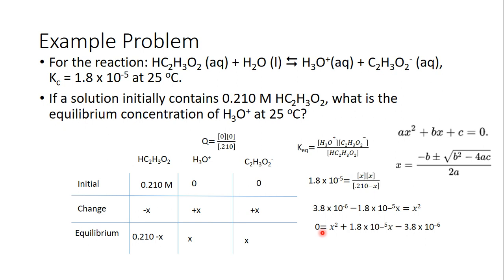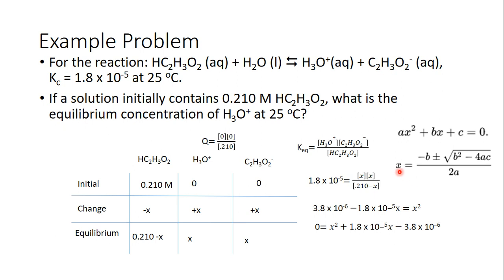So we have 0 equals X squared term, X term, and a constant term. This is the layout for the quadratic equation. So now we can solve the quadratic equation to determine what X is. Whenever you see something that is X squared plus X plus a constant equals 0, that's when you know you need to use the quadratic equation.